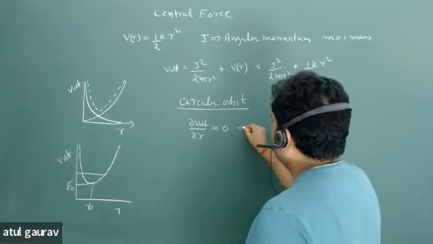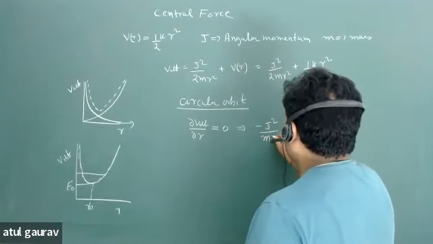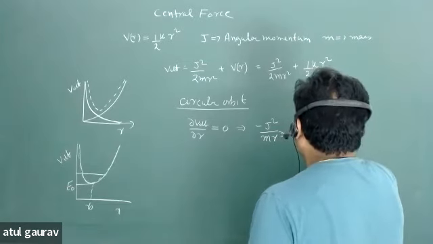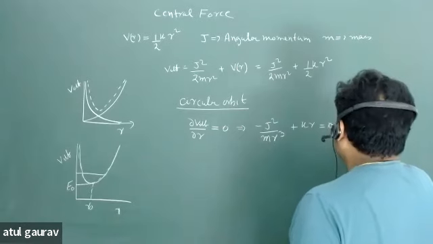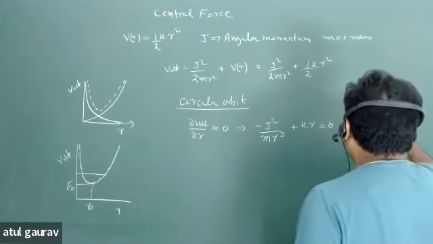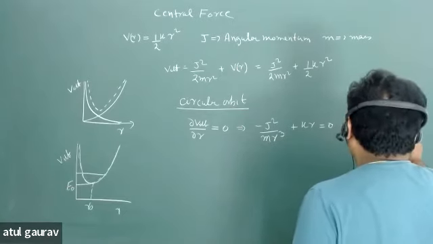You will get minus J square upon mr cube plus kr is equal to 0, and from here r to the power 4 is equal to J square upon mk.